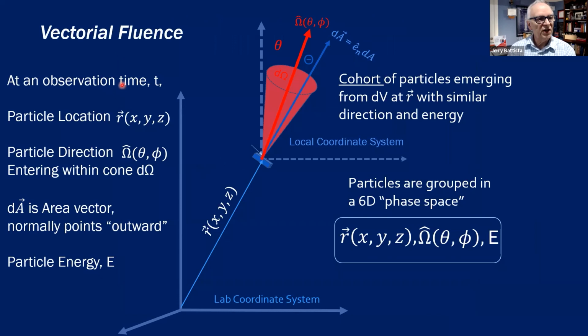At a moment in time, the particle is at this location, R, that's 3 coordinates, and it will be traveling in a certain direction, for example, in this red direction, and we characterize that by 2 angles, the polar angle and the azimuthal angle. So that's what that is.